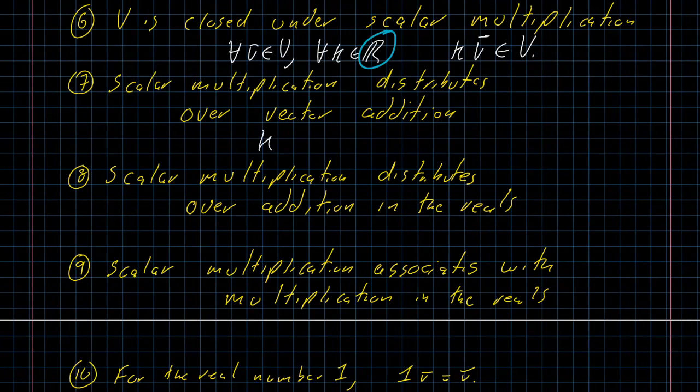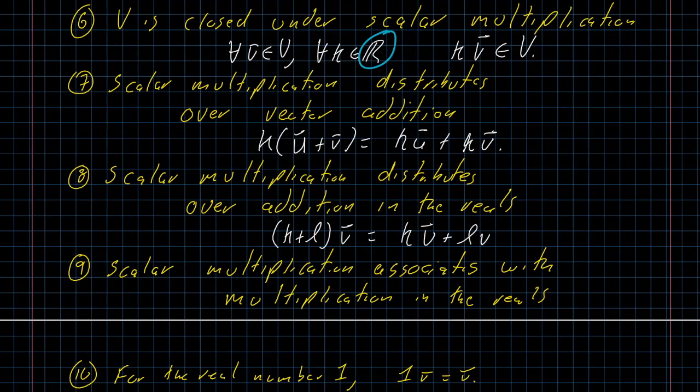Right. Scalar multiplication distributes over vector addition. So if you have some scalar k and the sum u plus v, you get ku plus kv. Scalar multiplication distributes over addition in the reals. So if you have adding two scalars, k plus l times v, you get kv plus lv.